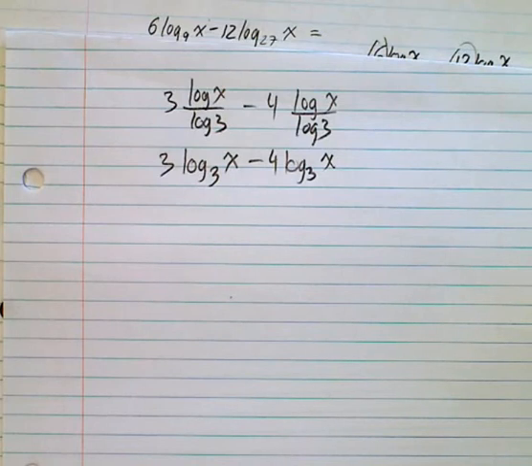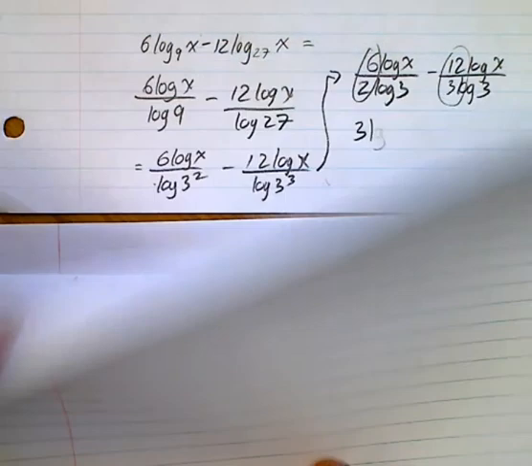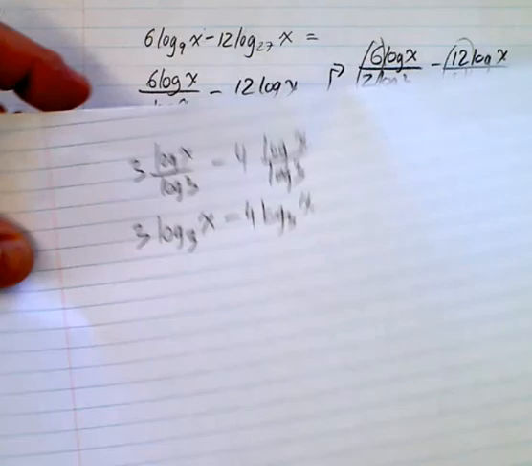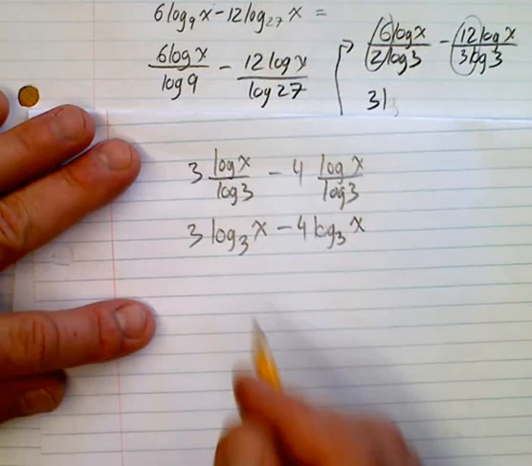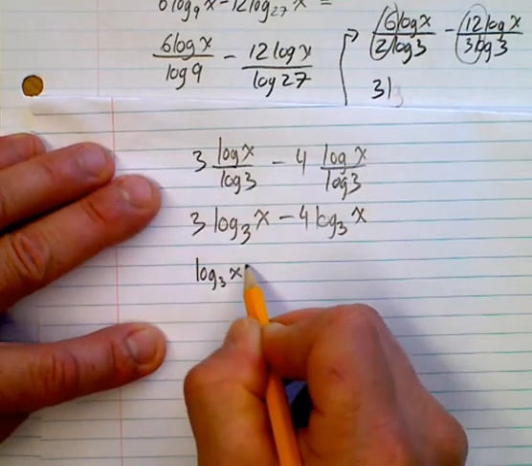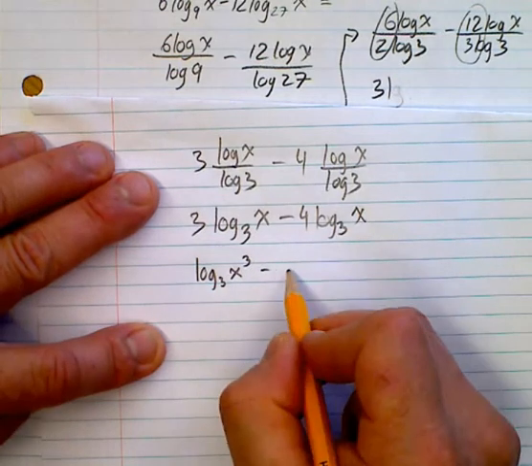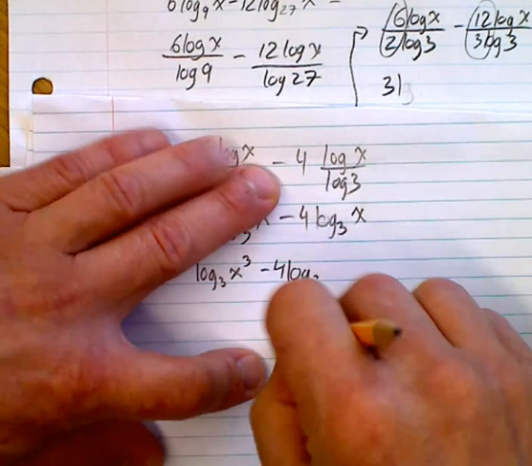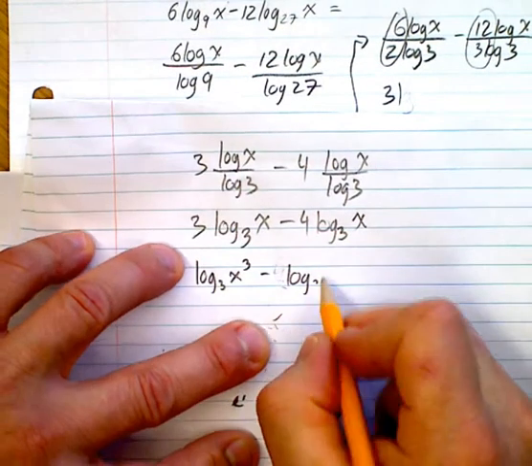What else can we do here? If I am subtracting with the same base, I can go log base 3 of x cubed minus log base 3 of x to the power of 4.